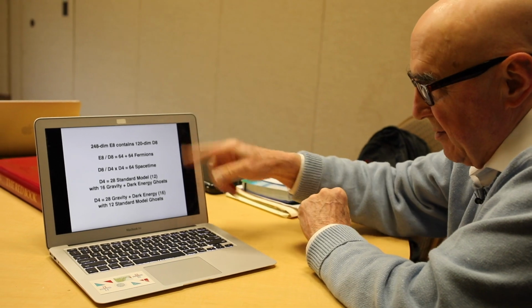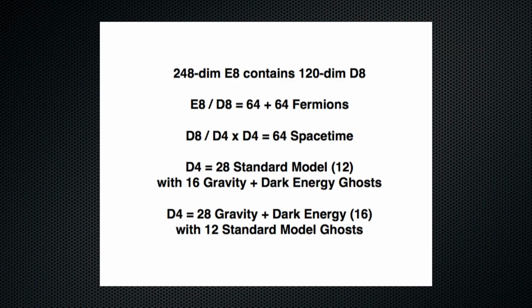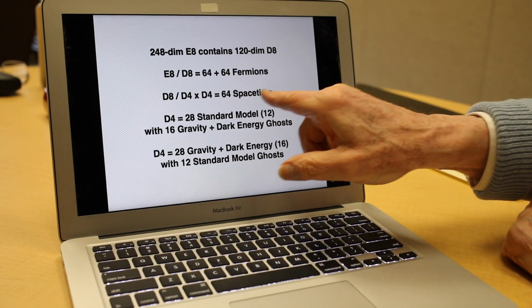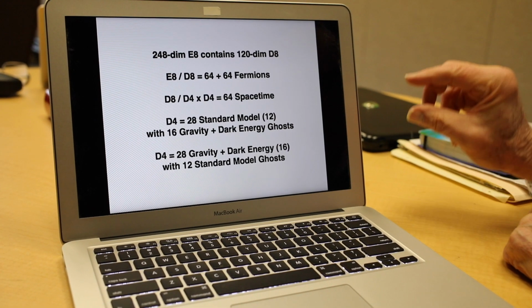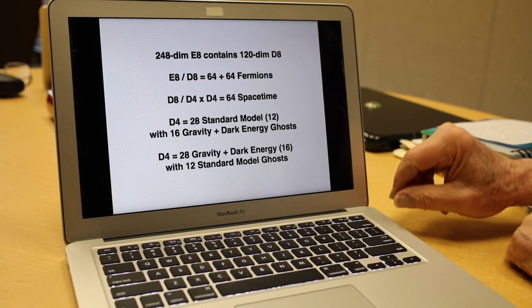I just put this as a little summary of what we've said over and over again too many times. E8 contains 120-dimensional D8. You take D8 out, you get 64 plus 64 fermion particles and antiparticles. You take D8 and cut out the two D4s, you get space-time: 8 position times 8 momentum.